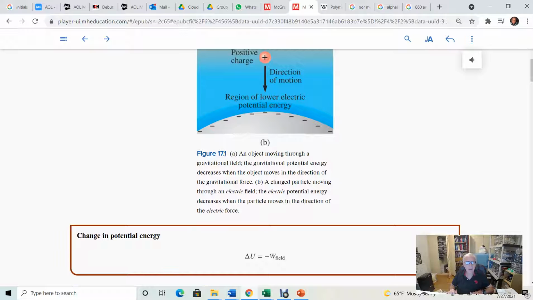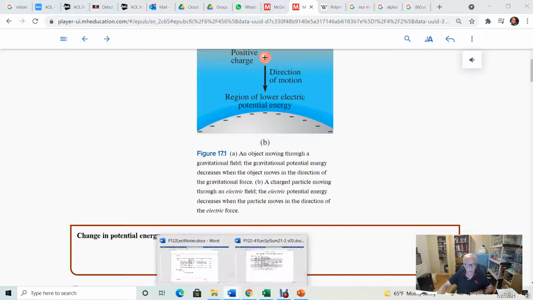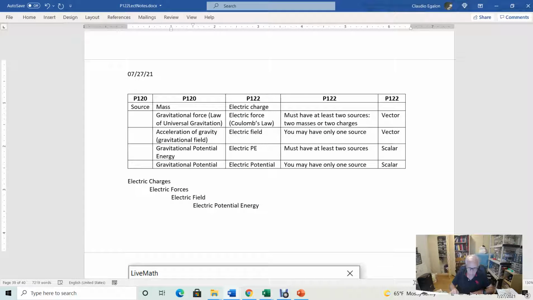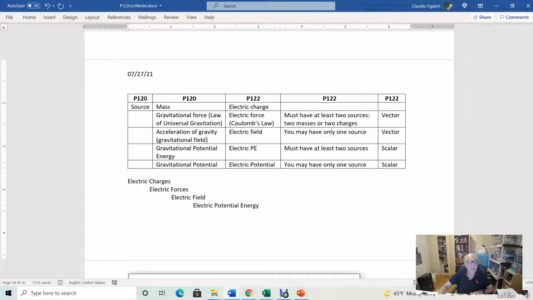It's just a qualitative illustration. And if you recall the definition of potential energy, what is the definition of potential energy? The change in potential energy is minus the work done by the field force. We usually call that the conservative force.